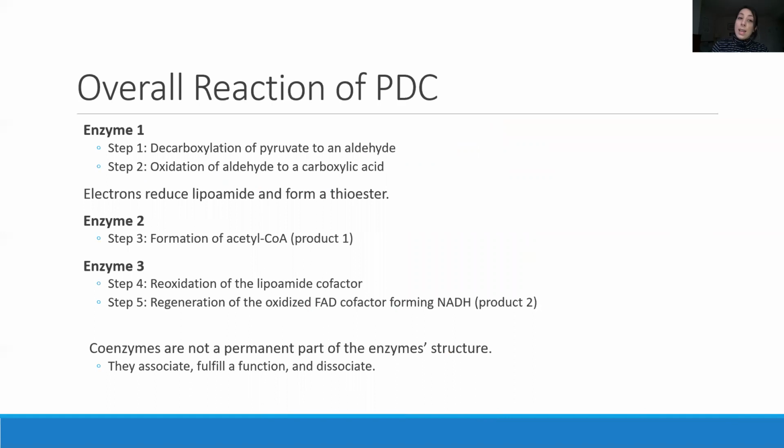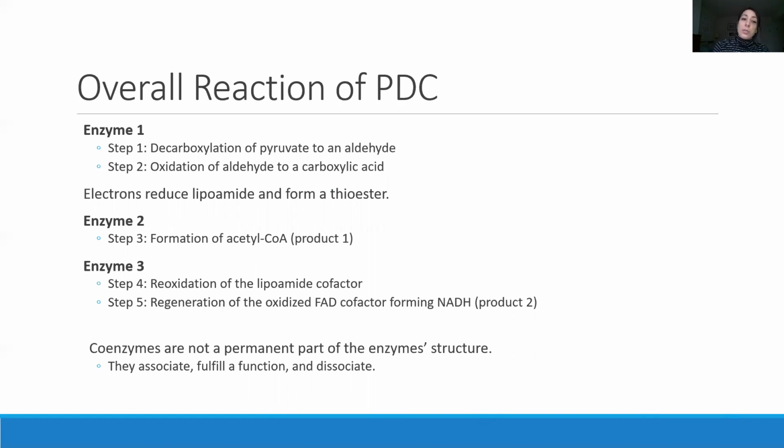So in our first enzyme, E1, the first step is to take our pyruvate and decarboxylate it into an aldehyde. This aldehyde is then oxidized to a carboxylic acid. Now, this whole portion is completed through a lipoamide to form a thioester.